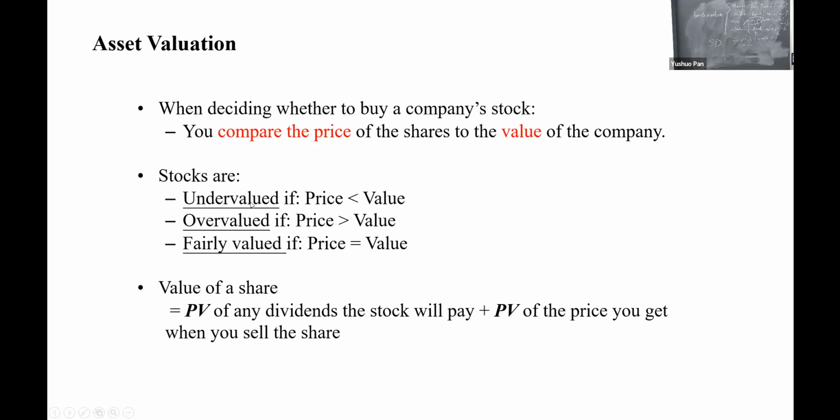Stocks are undervalued if the price is smaller than the value. If the price is lower, I'm going to buy it because the price will go up. If the price is bigger than the value, then it's overvalued. The better option will be to sell it, because the price will decrease. Fairly valued is when price equals value.